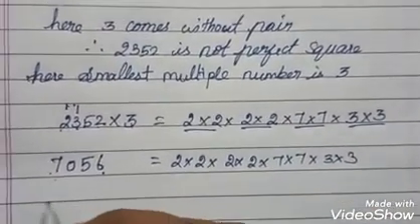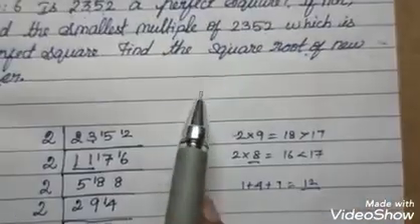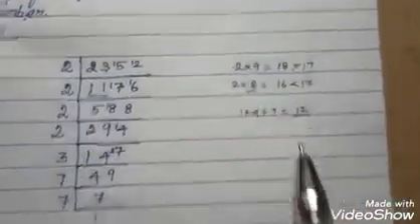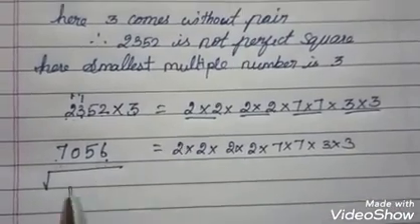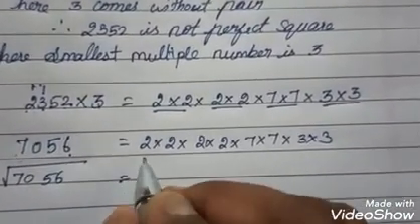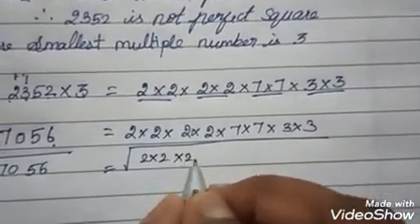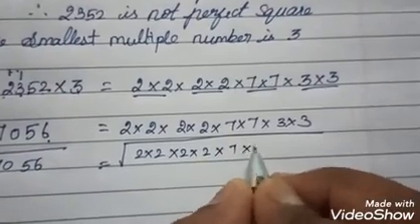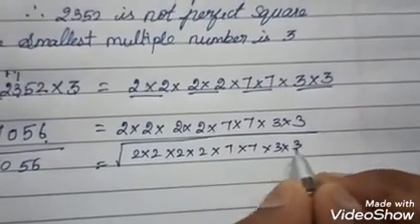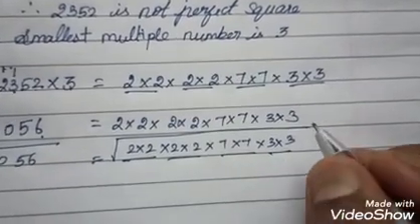Now you need to find out the square root. So in the question itself, find the square root of the new number. Here the new number is 7056. We need to find the square root of 2 into 2, 2 into 2, 7 into 7, 3 into 3. Just you make the pairs. Already told how you find the square root.